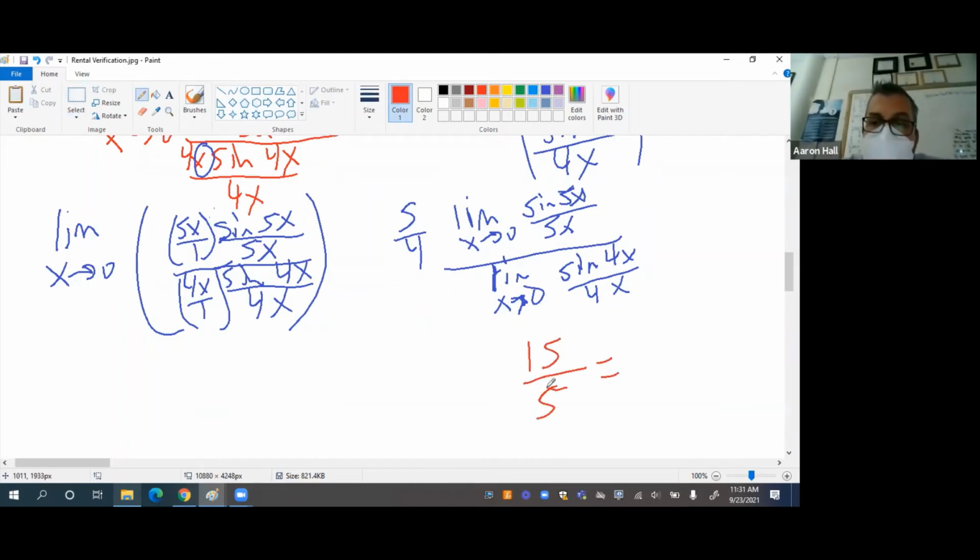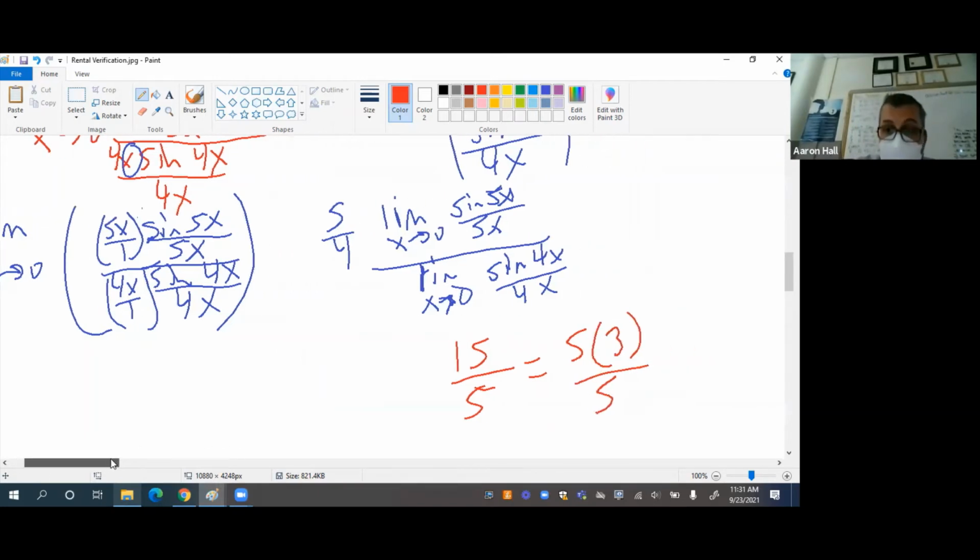I can rewrite this as 5 times 3 over 5, right? Could I also write this as 5 over 1 times 3 over 5? Is that okay?